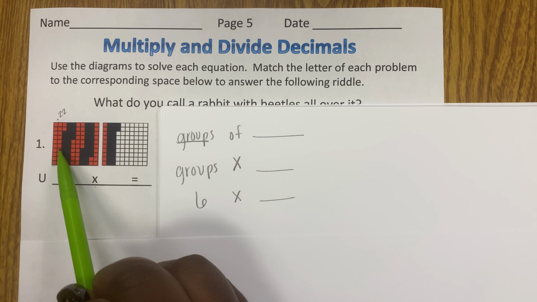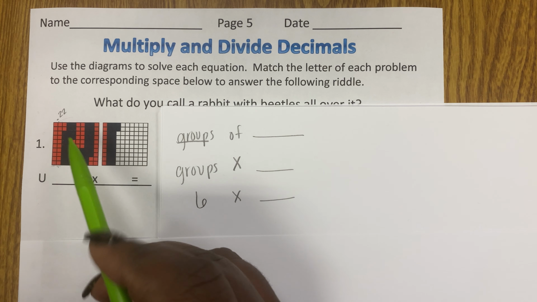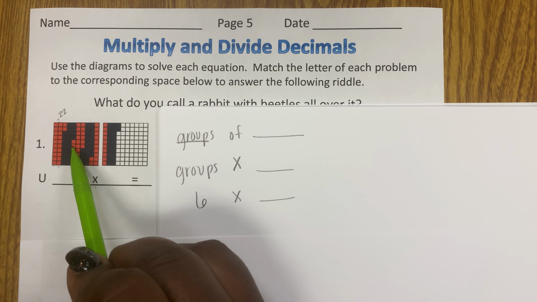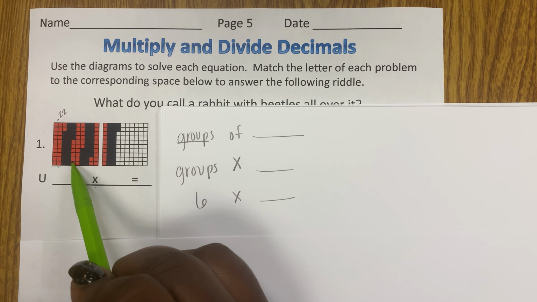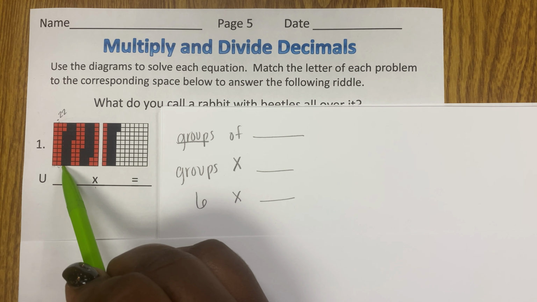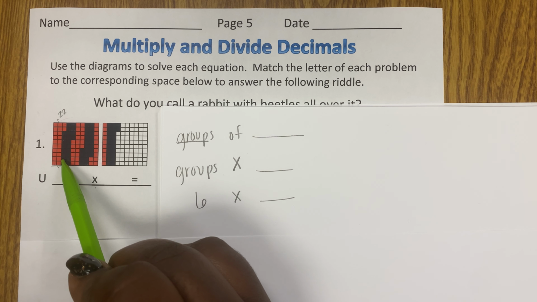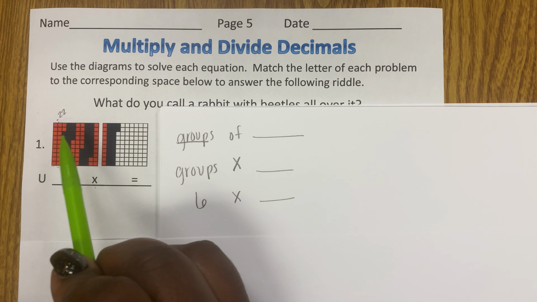And I'm using that because I counted the reds right next to it. Well, let's look here. That's 8. 1, 2, 3, 4, 5, 6. So this is 6 hundredths. This is 8 hundredths. 6 hundredths and 8 hundredths will give me 14 hundredths.